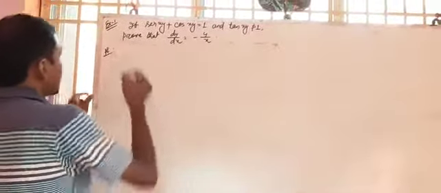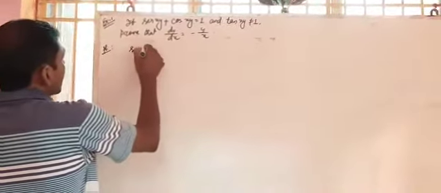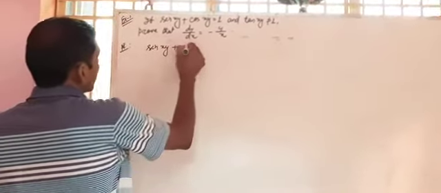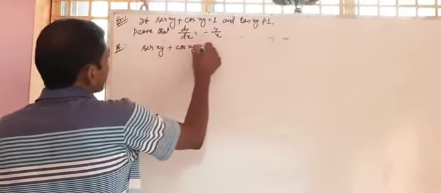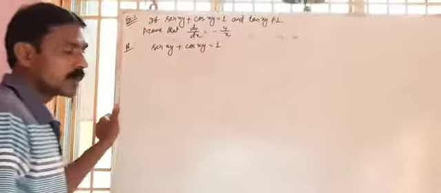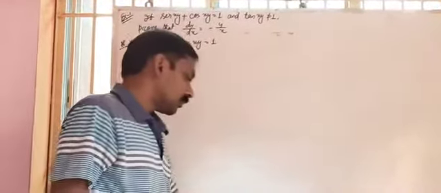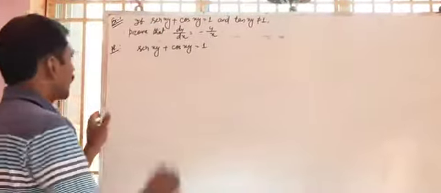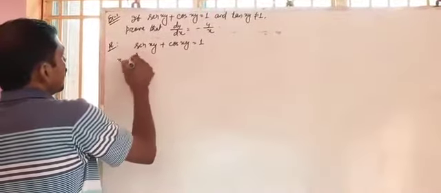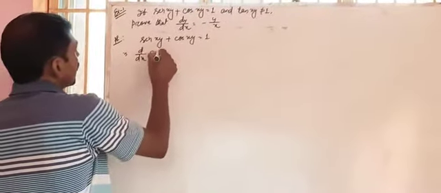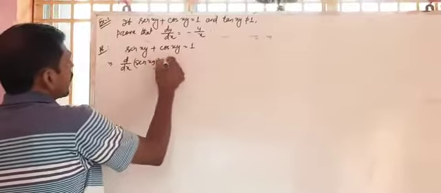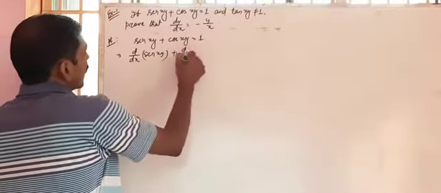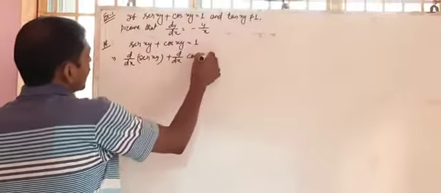This one is given: sin xy plus cos xy equals 1. Now we will differentiate it. d by dx of sin xy plus d by dx of cos xy equals d by dx of 1.